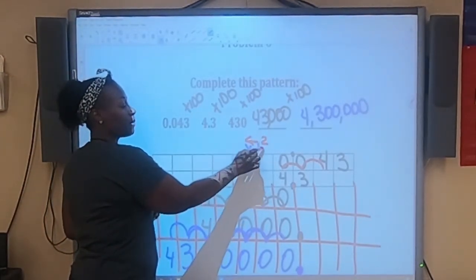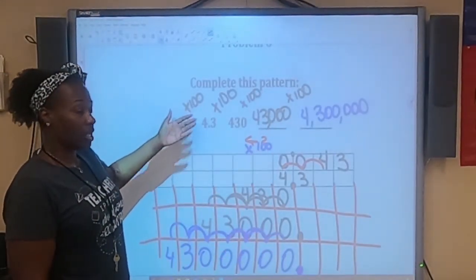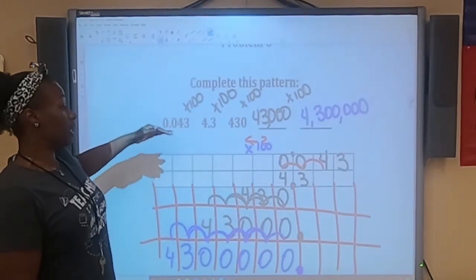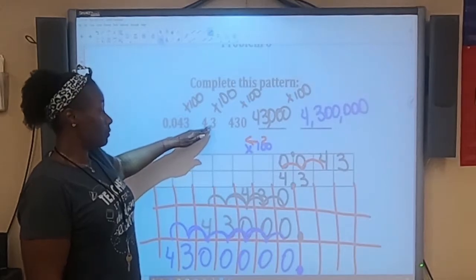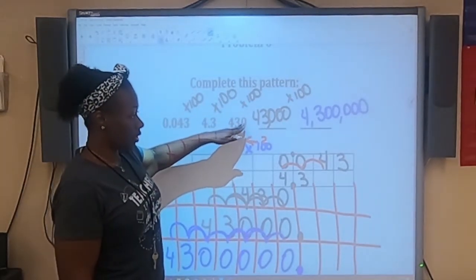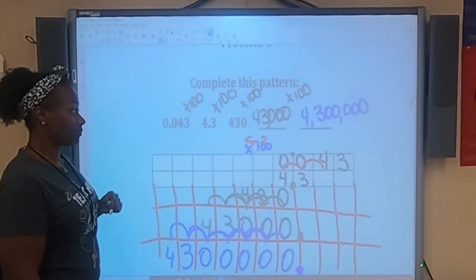My number tells me how many zeros I need. So that means my pattern is times 100. So I did times 100 to each number to get to the next number. And I continued to do that till I found my 2 missing numbers.